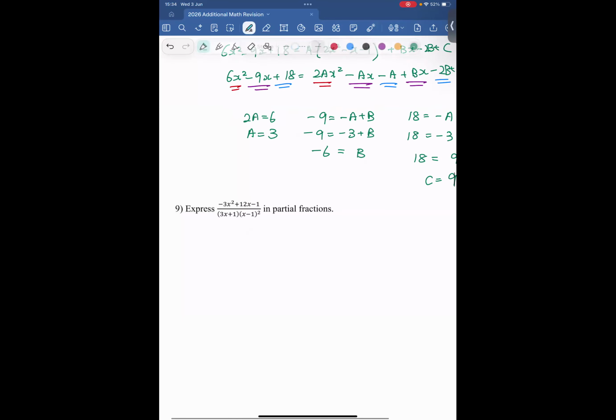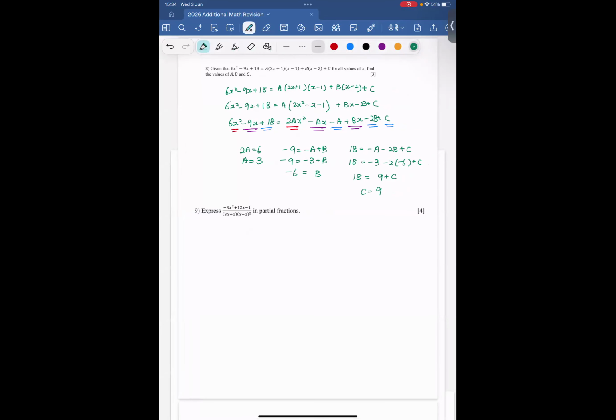What we can do is straight away write down our identity. So this will give me a over 3x plus 1. Because of the square, it will give me b over x minus 1 and c over x minus 1 squared.